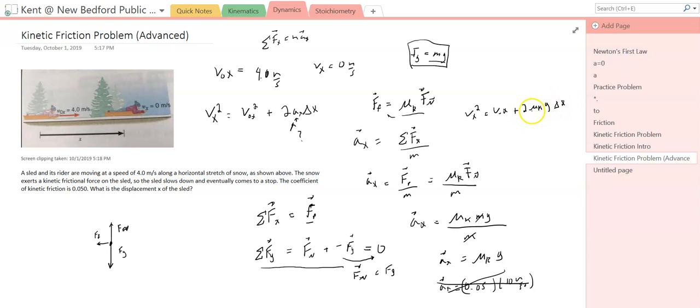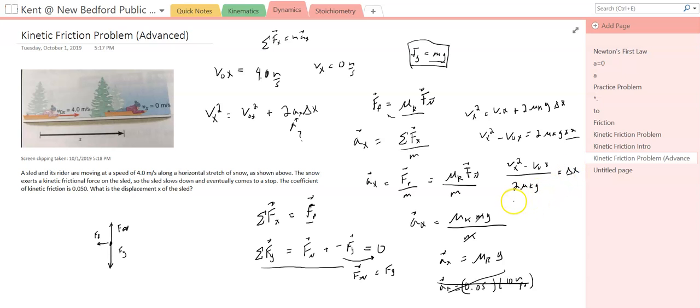So solving for delta x, we can move v naught x over, so vx squared minus v naught x squared equals 2 mu k g delta x. We're still solving for delta x. So vx squared minus v naught x squared over 2 mu k g equals delta x.